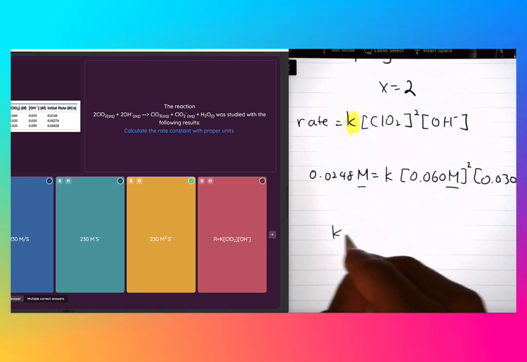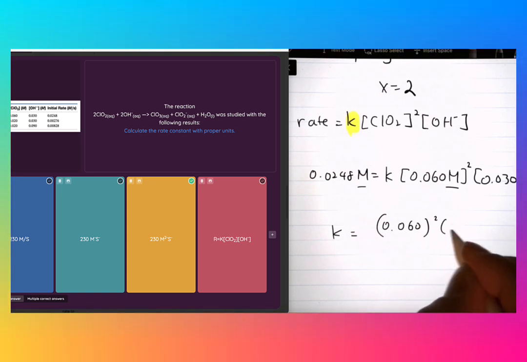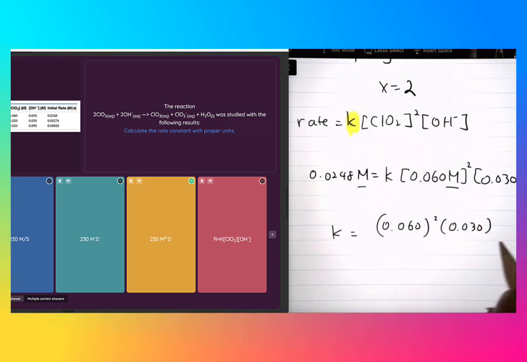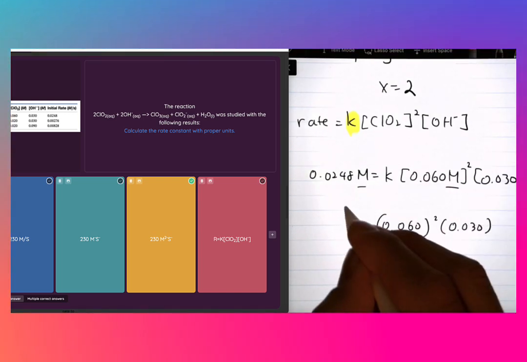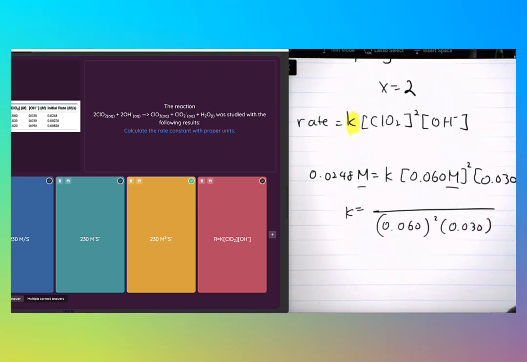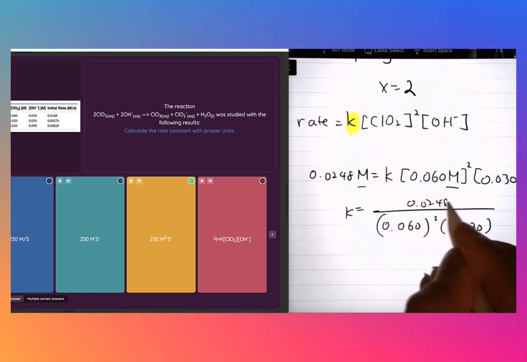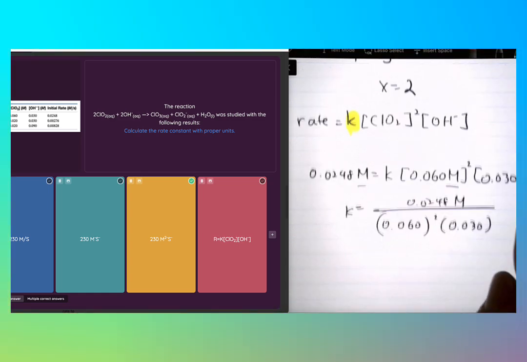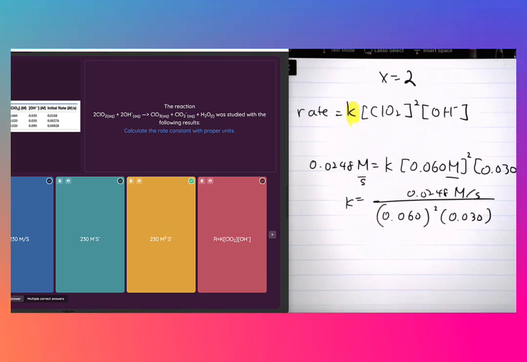So I'm going to just say K is equal to 0.060 squared and 0.030. We have a unit of M cubed here. Oh, actually this has got to be divided. So K equals that, M cubed on the bottom, and we have 0.0248 molarity per second.